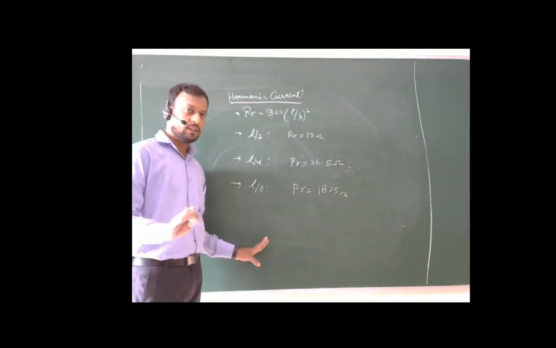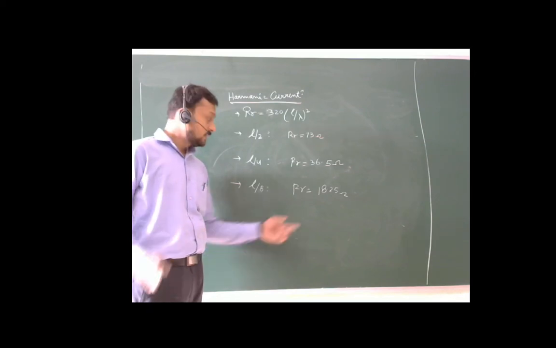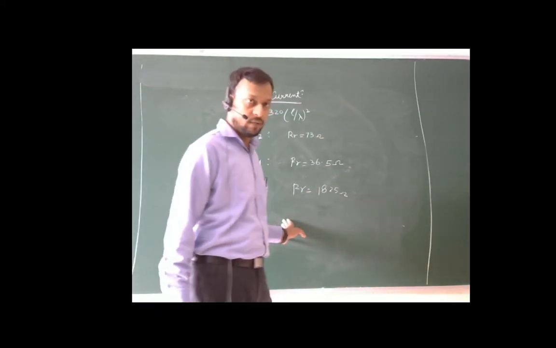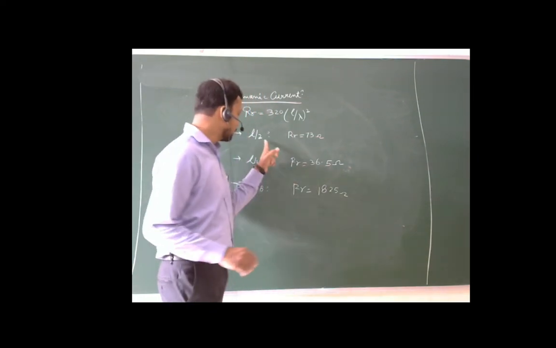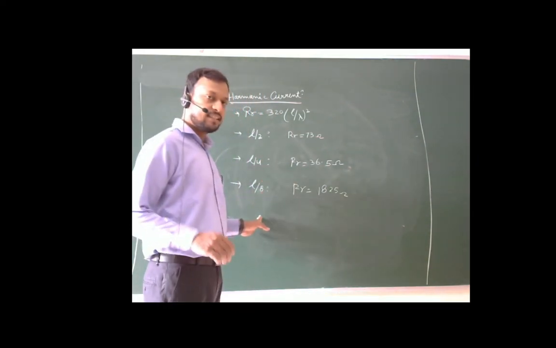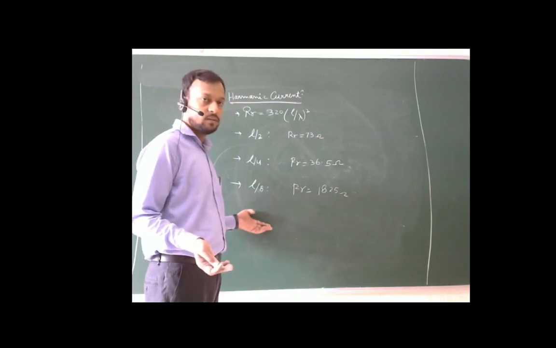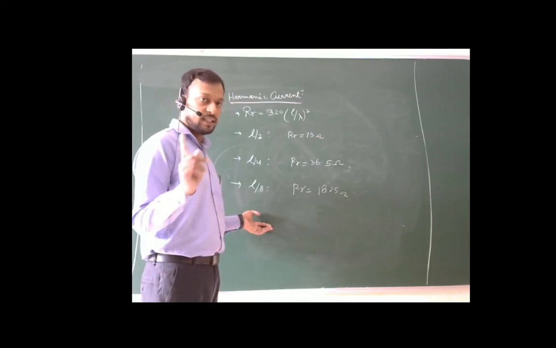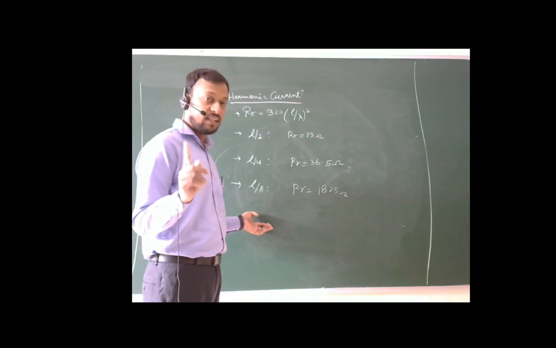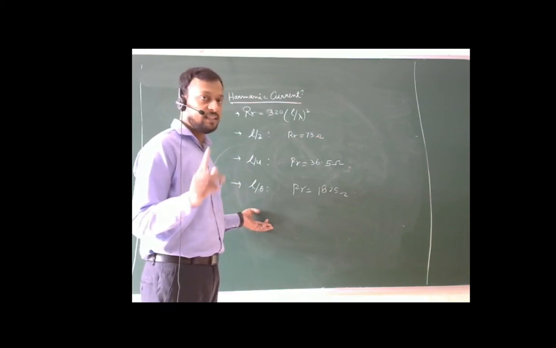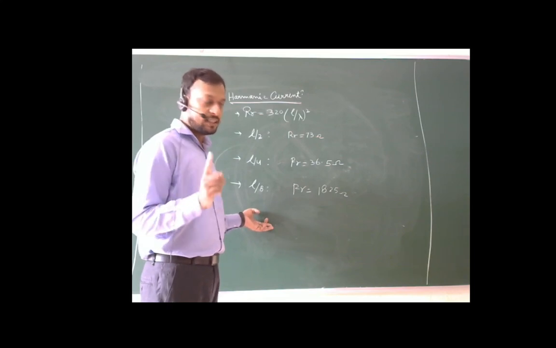Now in the question, if lambda by 10 is given, or lambda by 12 is suppose given, or say lambda by 16 is given, you can't make it half of this, because the case for lambda by 16 lies between lambda by 10 to lambda by 20, that is the linear current case.